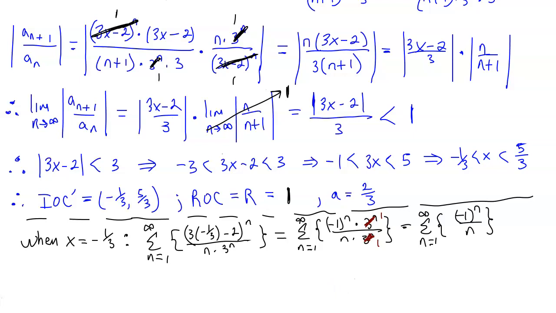So again, I'm not going to go through the details of writing all that. But here we're going to say therefore, we'll say that this series converges conditionally via the alternating series test.